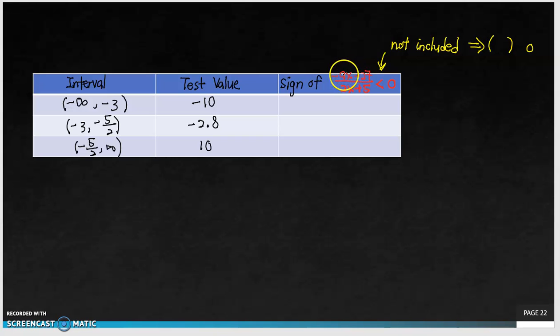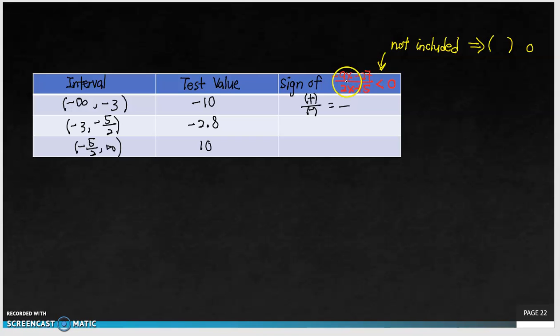Negative 10 times negative 9 is positive 90, minus 27, so the numerator is positive. The denominator, 2 times negative 10 is negative 20, plus 5 is negative. So the first sign, positive over negative, is negative.